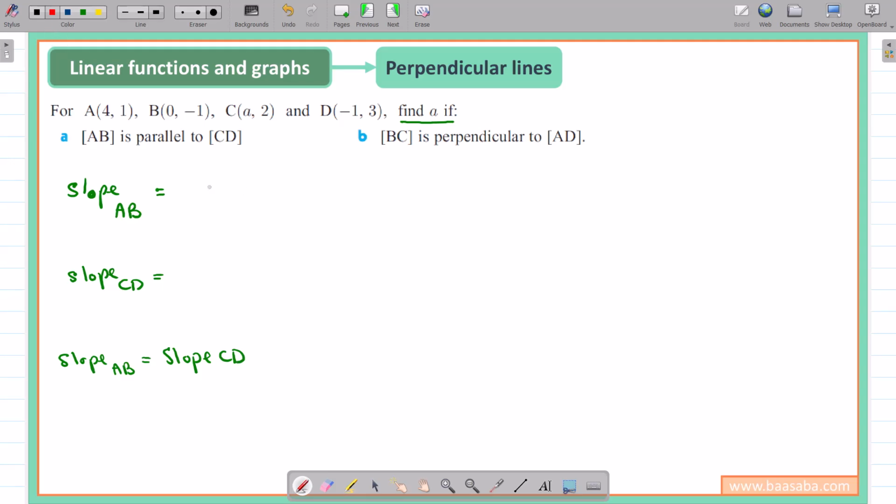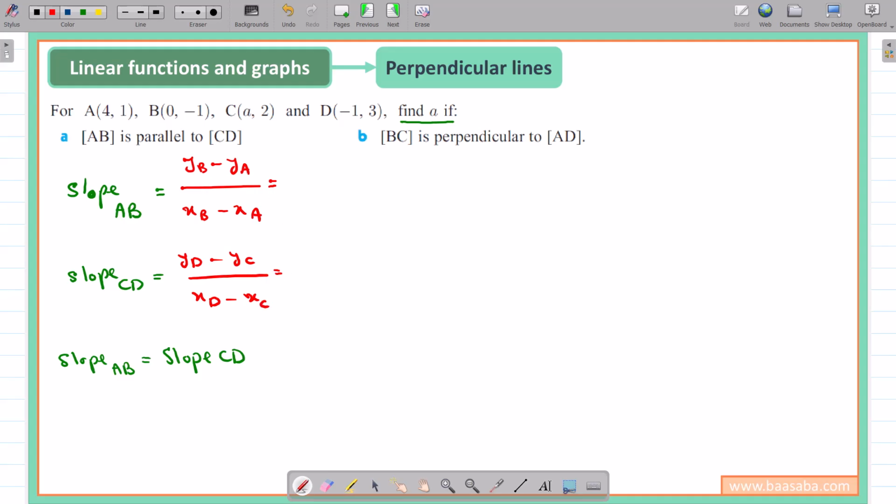So yb minus ya over xb minus xa, and this one yd minus yc over xd minus xc.